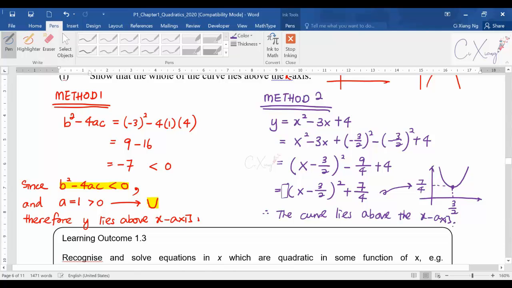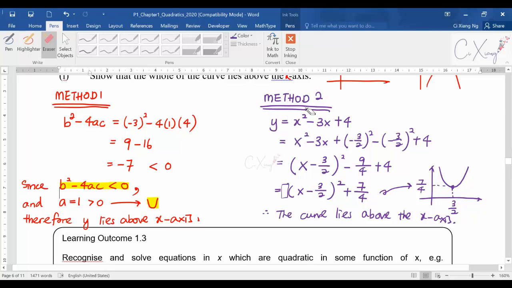Okay, so please compare method number 1 and number 2. I believe that most of the students like method number 1. But again, if you want to apply the discriminant concept, then please make sure that you also prove this curve is a U-shape. Only then can you make a conclusion that y lies above the x-axis.